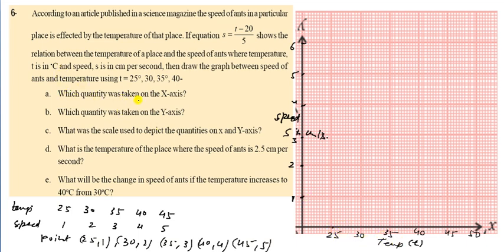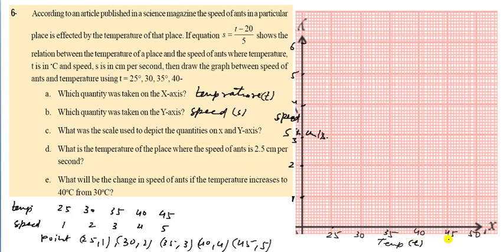So on the x-axis there is the temperature. Which quantity is taken on the x-axis? That is the temperature. Which quantity is on the y-axis? That is the speed. Speed is denoted by s, temperature is denoted by t. And what was the scale used to plot the quantities on the x-axis and y-axis?